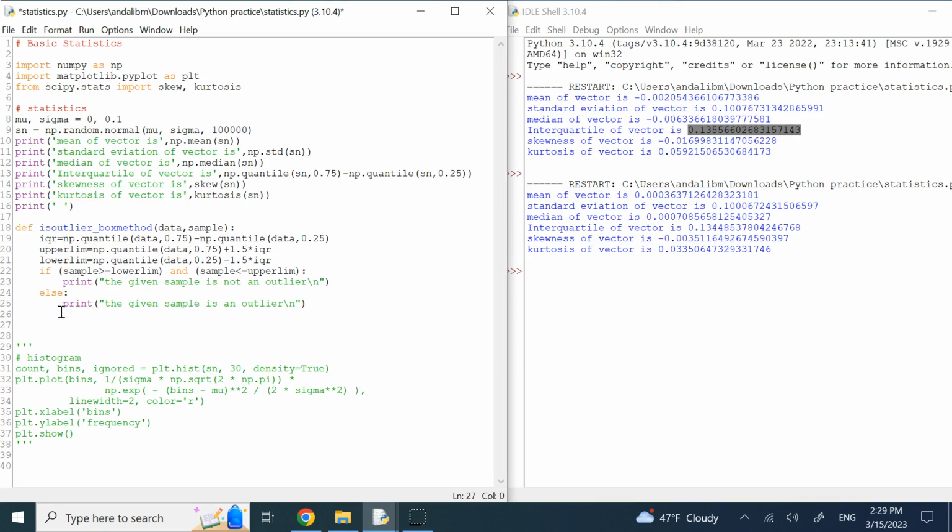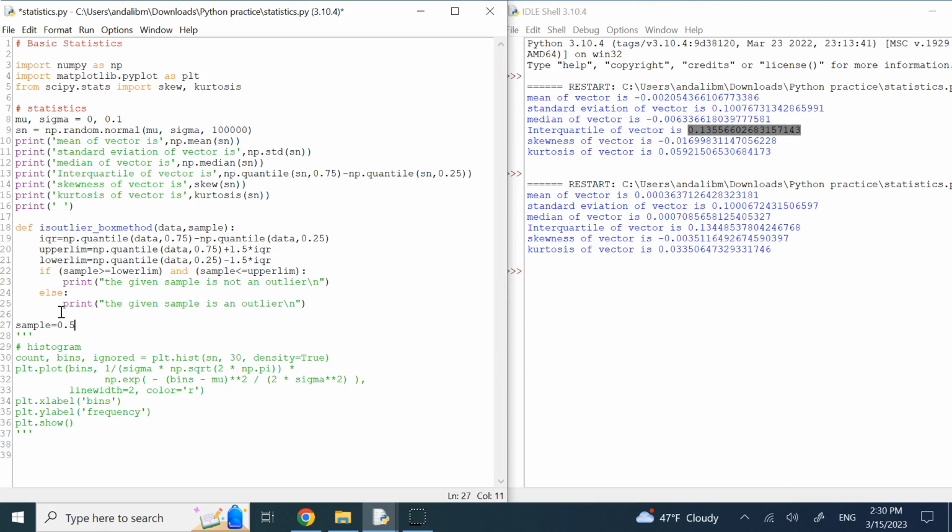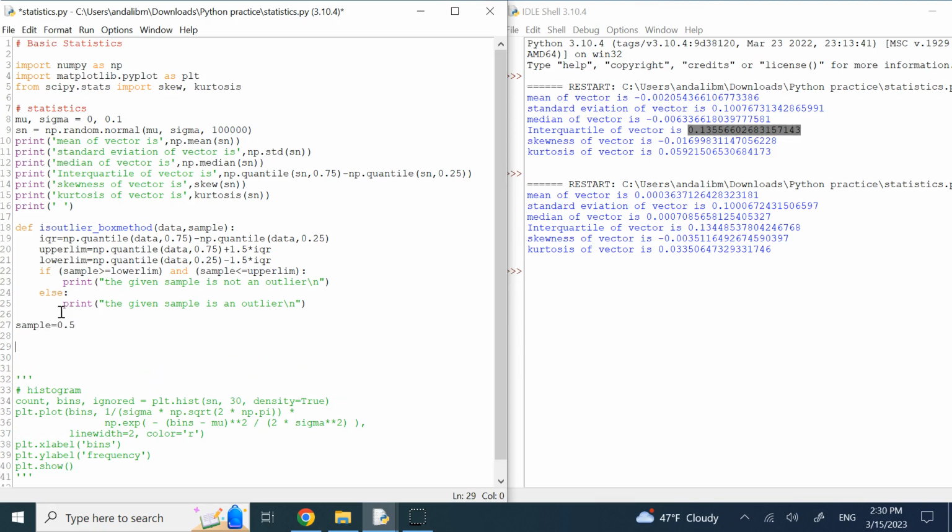Okay, so here I'm going to use a number sample and set it equal to 0.5, and then go ahead and call this function and pass to it the data that we have already in that sample.